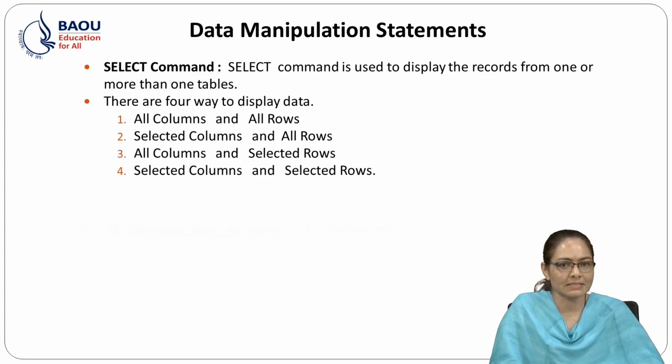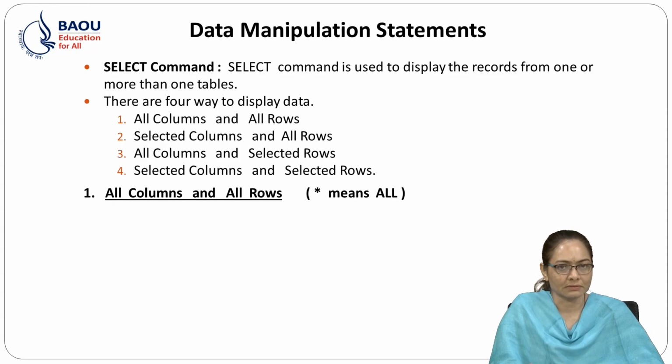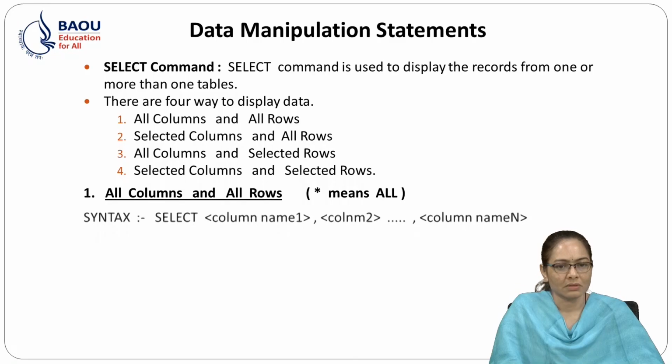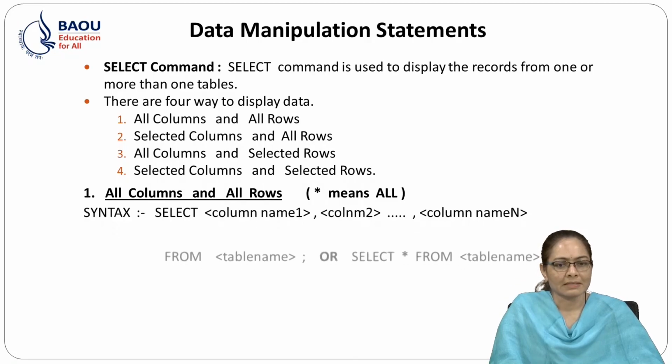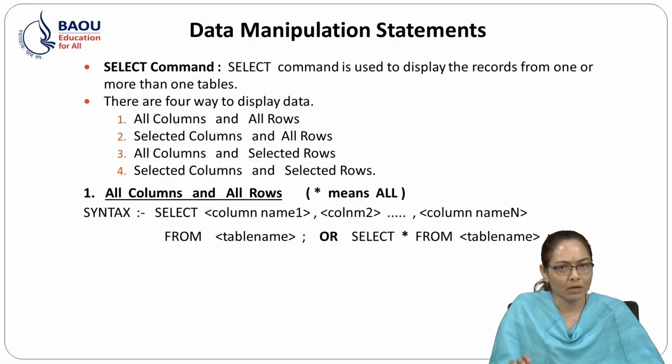Now here we see the first one, all the columns and all the rows. Here, the select command is used to display all the columns and all the rows, so we use the star, which means all. The syntax is select column name 1, comma column name 2 up to column n from table name, then semicolon.